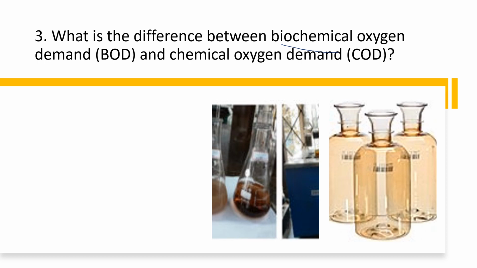In most cases, it is K2Cr2O7, that is potassium dichromate, which oxidizes both biodegradable as well as non-biodegradable organic matter present in the sample of wastewater or water. Thereby we measure the oxygen required. So this is the first difference between BOD and COD.